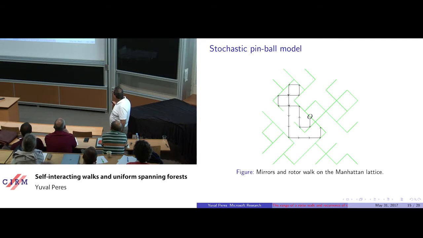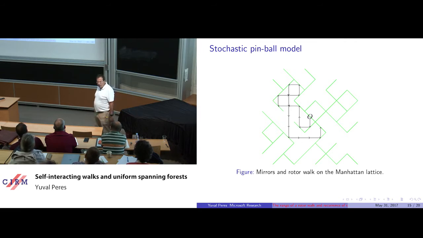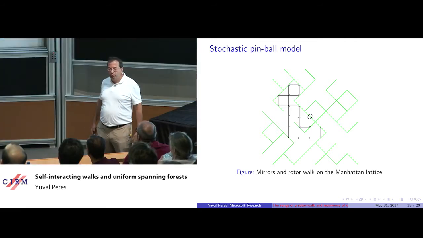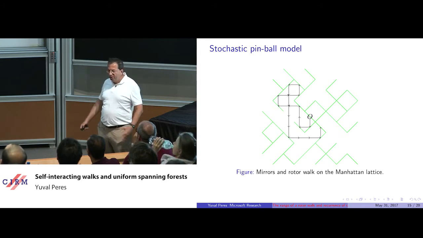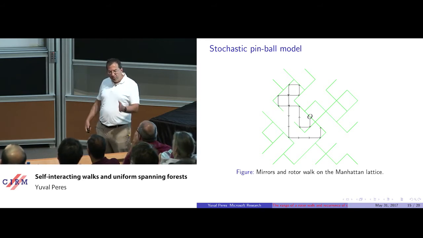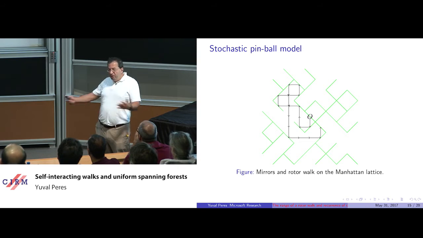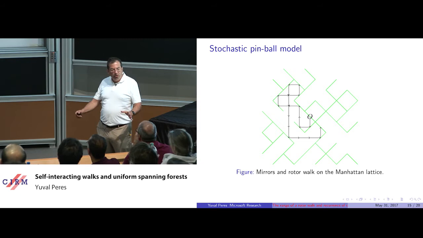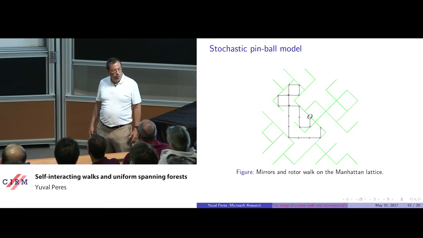A mirror tells you, when a particle arrives somewhere, where to go next. The rotors also tell you where to go next. So given a configuration of rotors, you can erect mirrors that will behave like those rotors. But because the rotors are moving, the mirrors are supposed to move in the future too. But it turns out the initial configuration of the mirrors is very important.